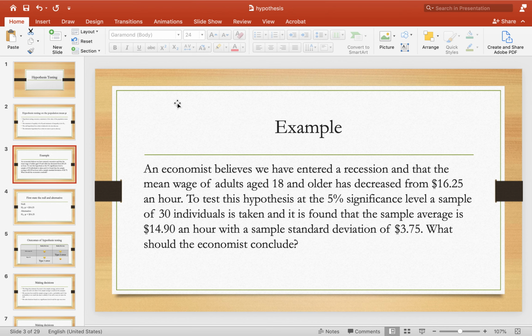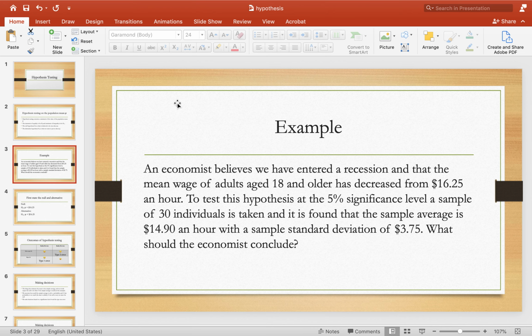Okay, I want to emphasize here that yes, the sample average is $14.90, but every time you take a sample, there's variability in the result that you'll get. Is there enough variability or not enough variability to conclude that $14.90 is much different from $16.25?